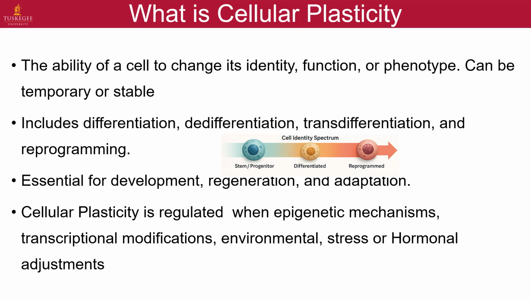Cellular plasticity is really essential in today's life, mainly because it results in development, regeneration, and adaptation. Cellular plasticity doesn't occur on its own. It's always regulated by many factors, including epigenetic mechanisms, transcriptional modifications, environmental stress, or hormonal adjustments.